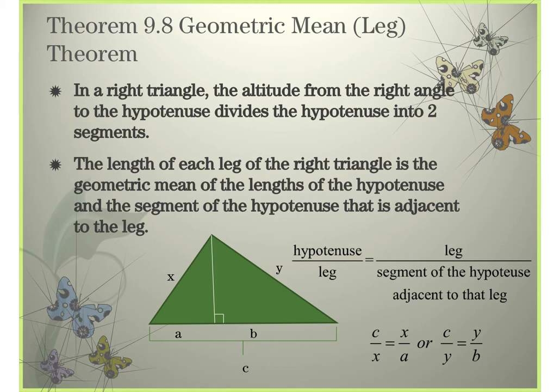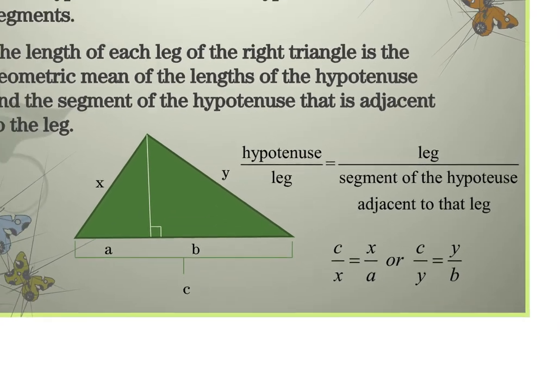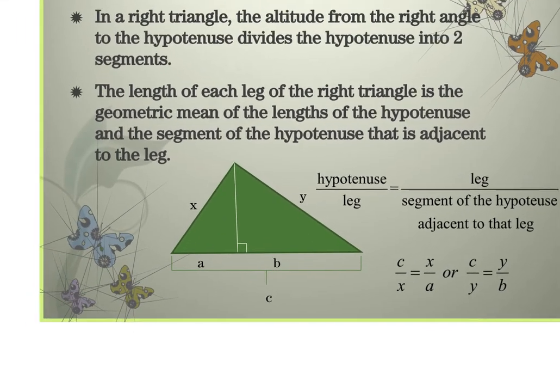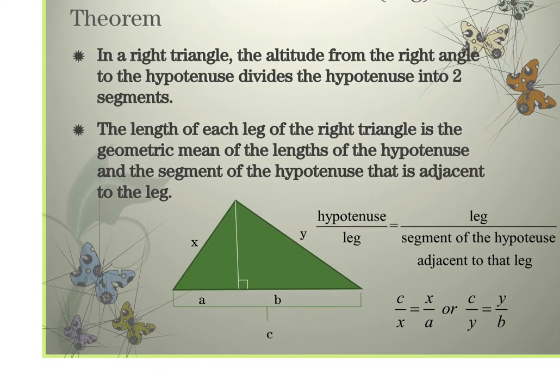There's also, you can apply the geometric mean theorem to the legs of your original figure, okay? So the length of each leg of the right triangle is the geometric mean of the lengths of the hypotenuse and the segment of the hypotenuse that is adjacent to the leg.